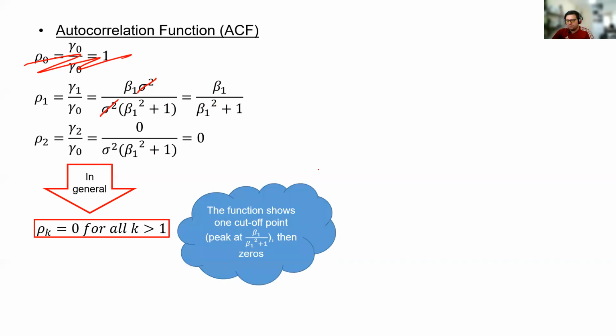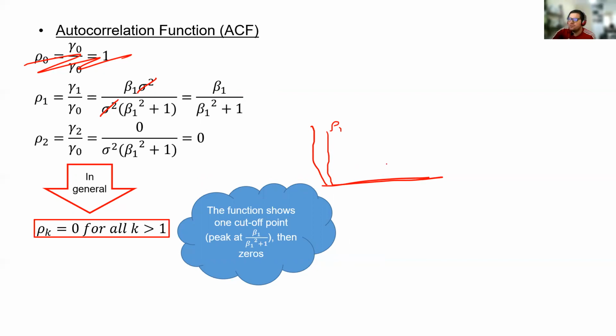So this function will look like it has a single point, the first value here, which is rho 1, and then it will just be zeros.